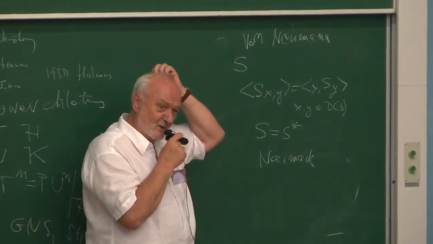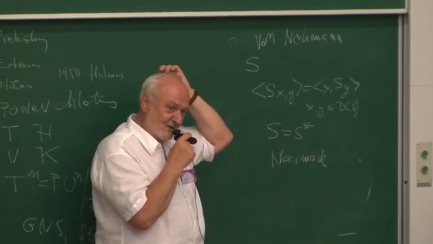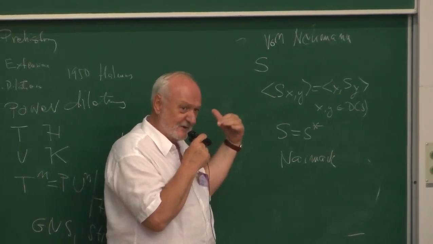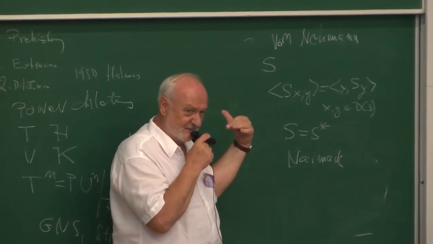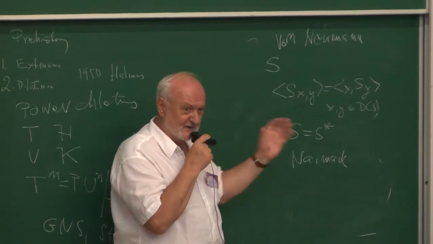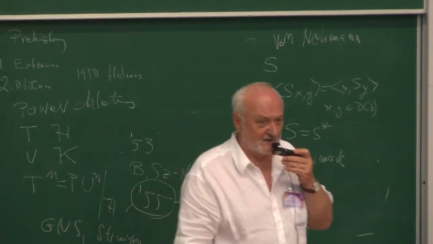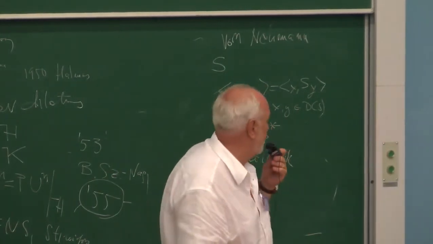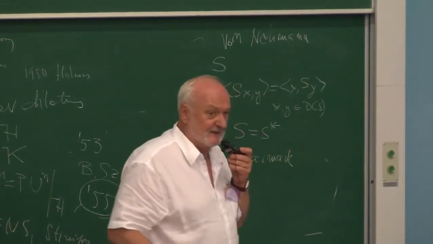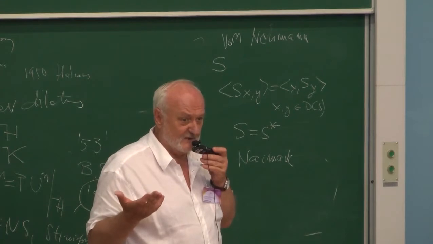And he proved even more, that those which are von Neumann, which have an extension in a smaller space, also fit in with his extension. So we have extensions of symmetric operators.